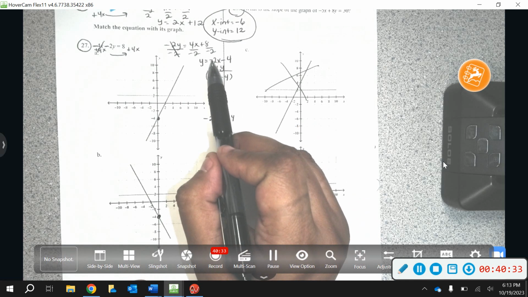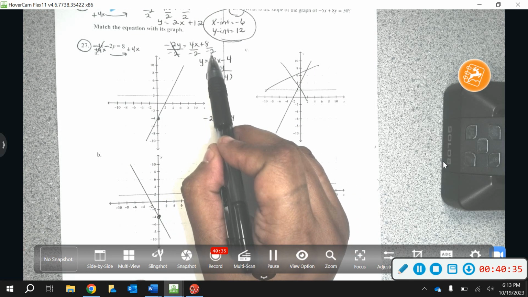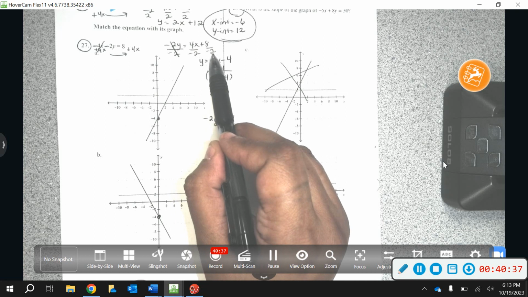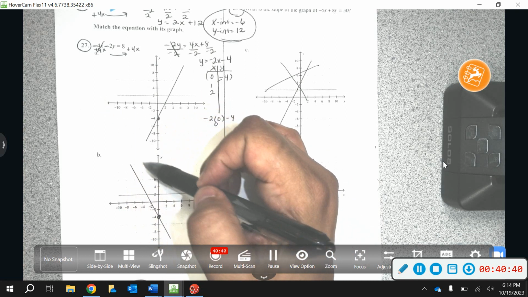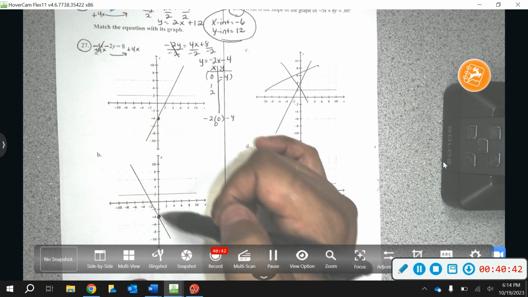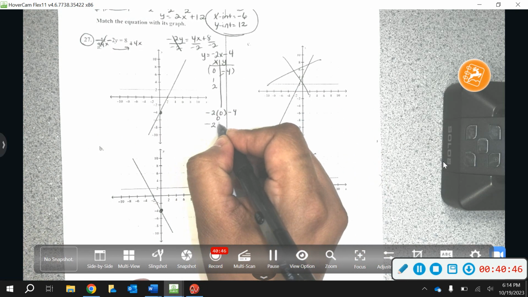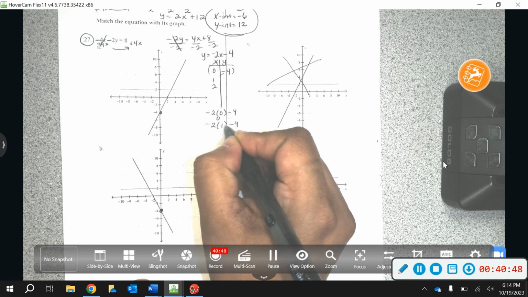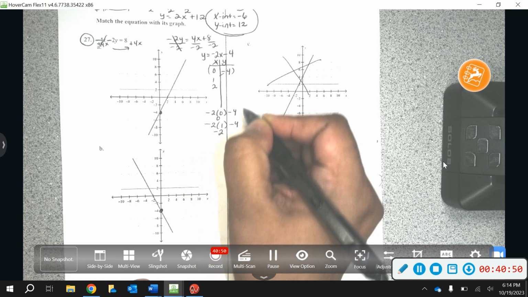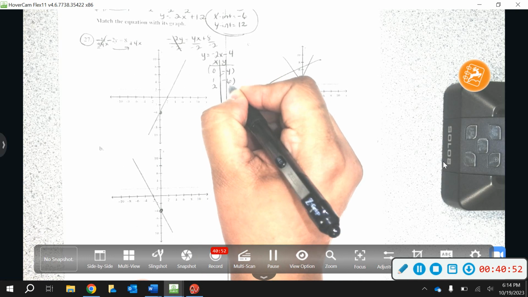Now look right here, my slope is a negative 2, so my line better be going what? Down from left to right. So I can just go ahead and look at number 1. If I put in 1, negative 2 times 1 minus 4, that gives me negative 2 minus 4, which gives me negative 6.